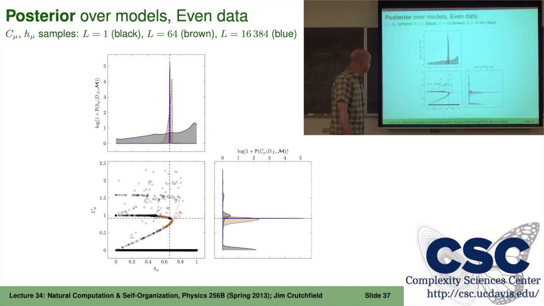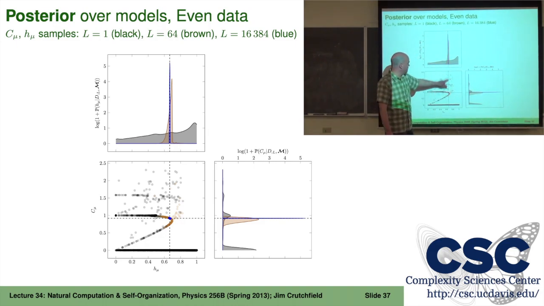And the same kind of coloring as we had for golden mean. And actually, this ends up looking really similar to the golden mean in all of the patterns. Again, the true values are the dashed lines. This is entropy rate and C mu, and again for the prior, for 64 symbols and then for 16,000.